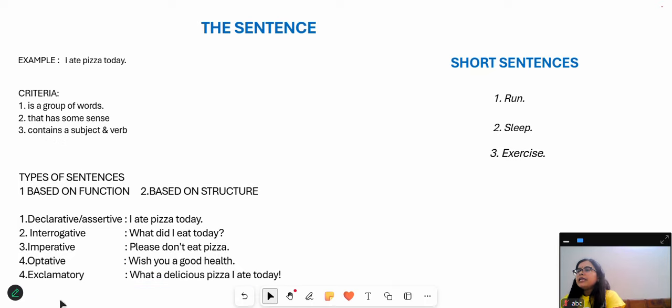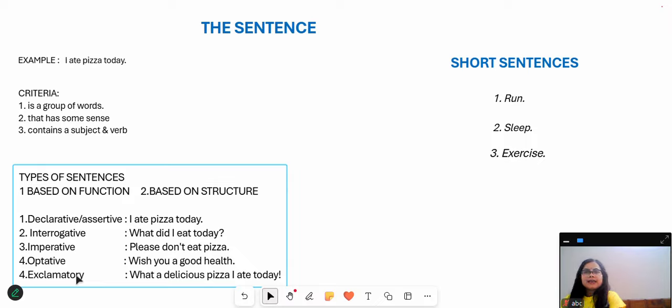Now the last type of sentence is an exclamatory sentence. Friends, an exclamatory sentence always expresses strong emotions or feelings, and they are spontaneous too. For example, if I say, what a delicious pizza I ate today, I am expressing my strong emotions about the pizza.